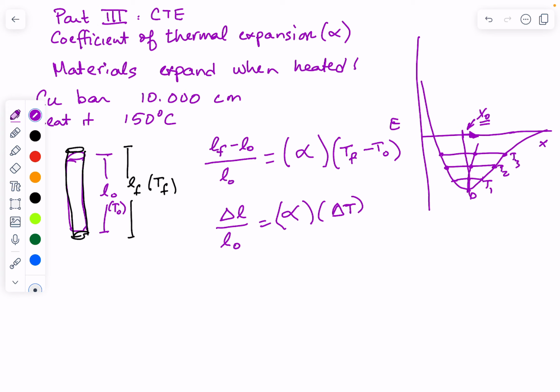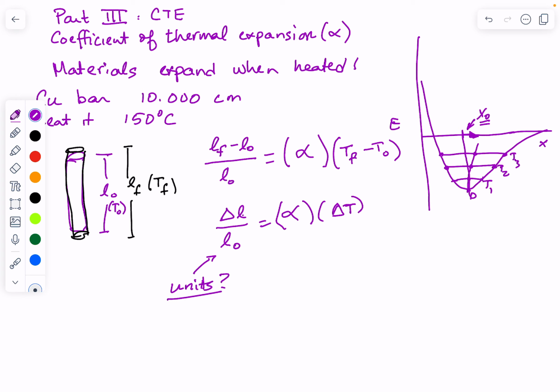So let's just think through this equation for a moment. What are the units of a change in length divided by an original length? If our copper piece gets a tiny bit longer, let's say 10.1 centimeters, and I subtract 10 centimeters, it's 0.1 centimeters longer, divided by 10 centimeters.